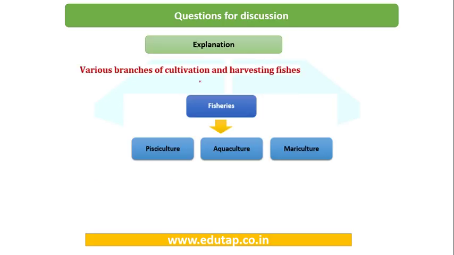Since we are discussing this question, let us quickly have a look at the other branches as well, so you might get clarity. You can get one question out of these branches. In fisheries, you have pisciculture, which we have just seen is rearing of fishes. You have aquaculture, you have mariculture. How are these different?